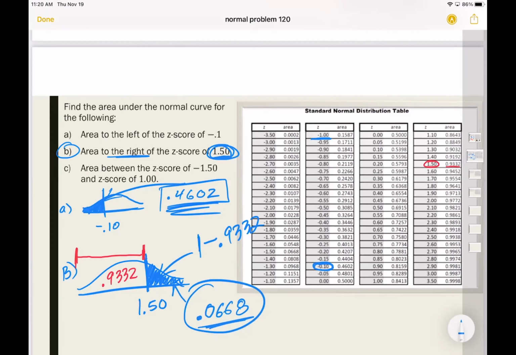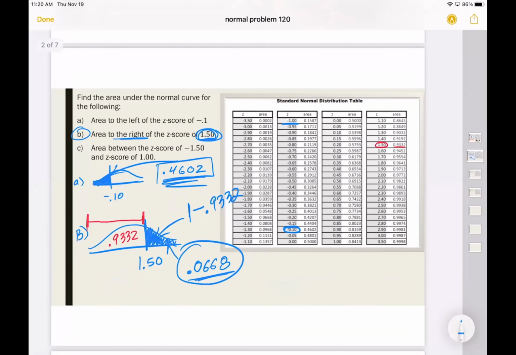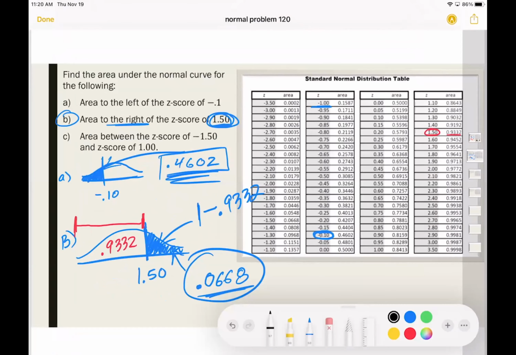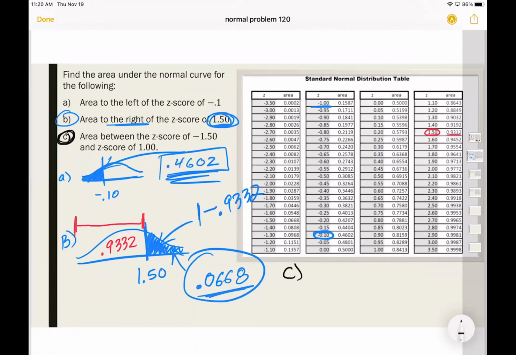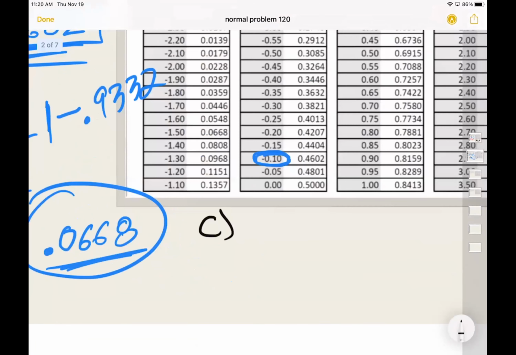And lastly, let me use black so that we have a different color. If we're looking for part C, they ask you to find the area in between. Again, the area in between -1.5 and 1. So for the area in between, let me sketch again.